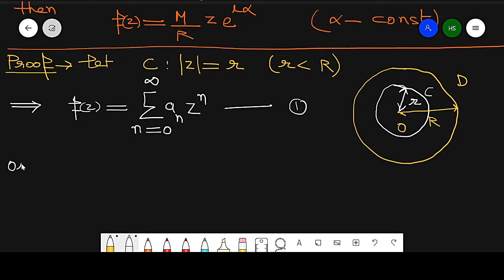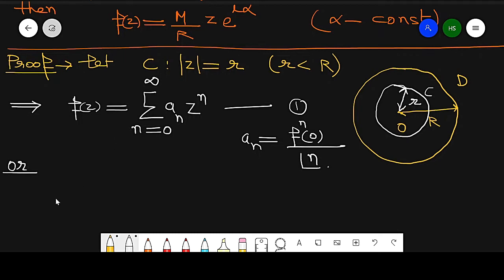So what is a_n? a_n is equal to the nth derivative of the function at point 0 over n factorial.